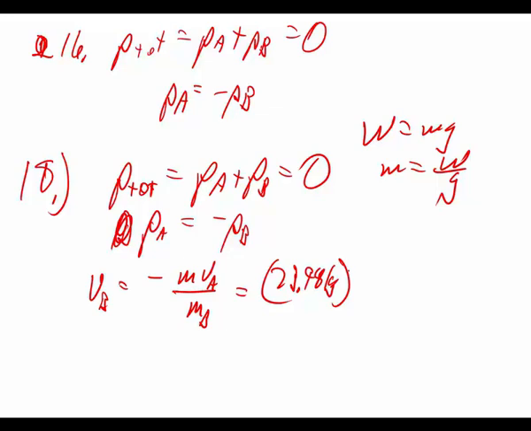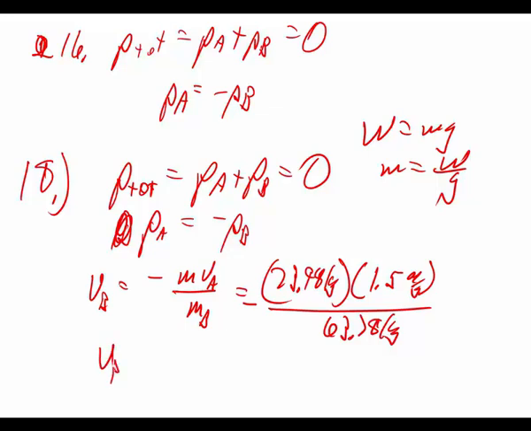So 73.98 times 1.5 meters per second divided by, and that's negative, what's the mass of the other skater? 63.78. What'd you get? Negative what? 1.74? Yeah? Everybody see how I did that?